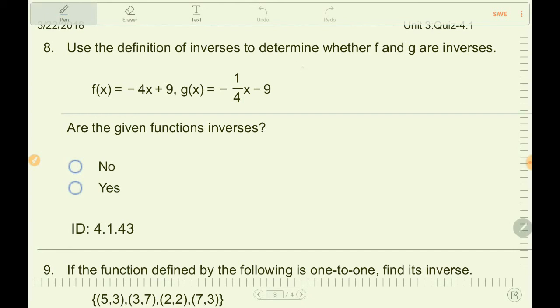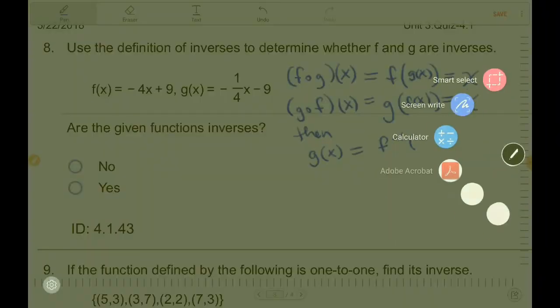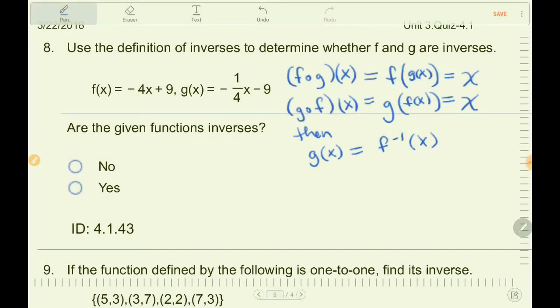So the definition of inverses is that when you compose two functions and you get x, and then you compose them in the other direction, and again you get x, then g is the inverse function of f.